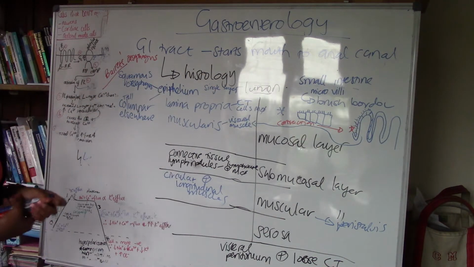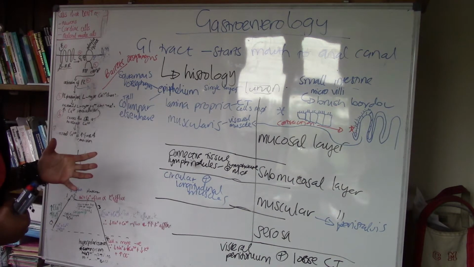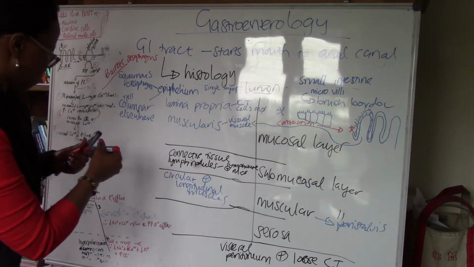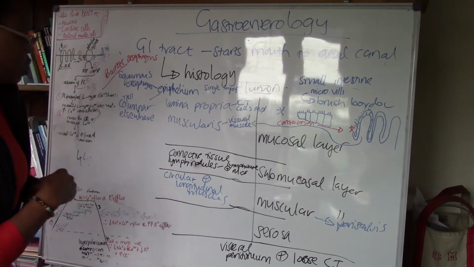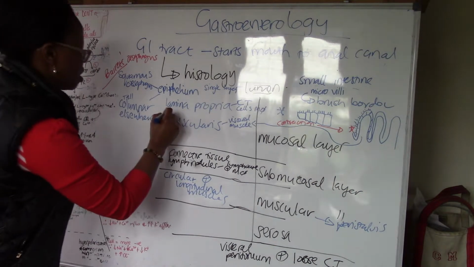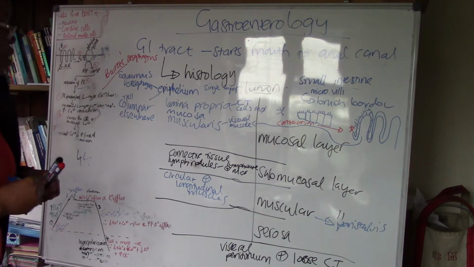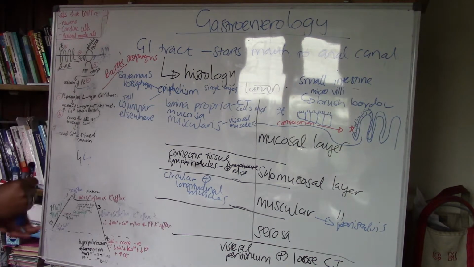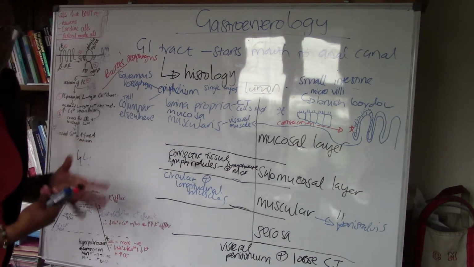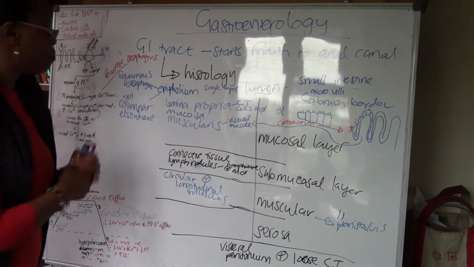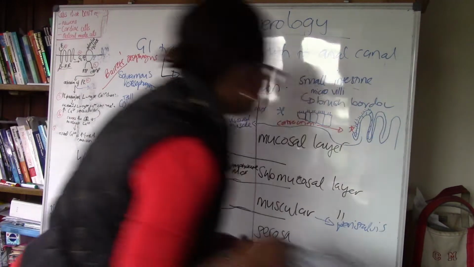It's similar all throughout. I know I forgot to say there's a mucosa there. So anyway, this would be the general layout, very simplified, of the histology of the GI tract.